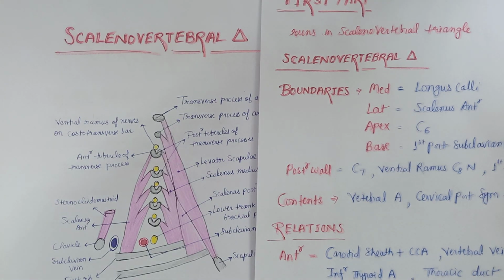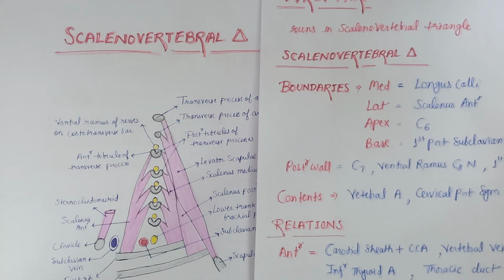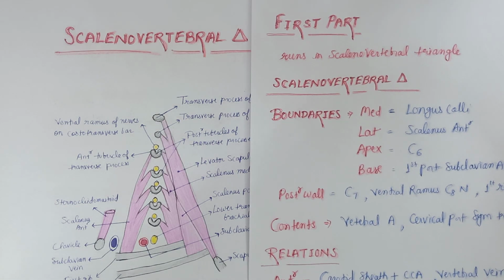Boundaries of this triangle are: medially longus colli, laterally scalenus anterior, apex cervical vertebra number 6, and base formed by the first part of the subclavian artery. The posterior wall of this triangle is formed by C7, ventral ramus of C8 nerve and first rib. The contents of this triangle are the vertebral artery and the cervical part of the sympathetic trunk.